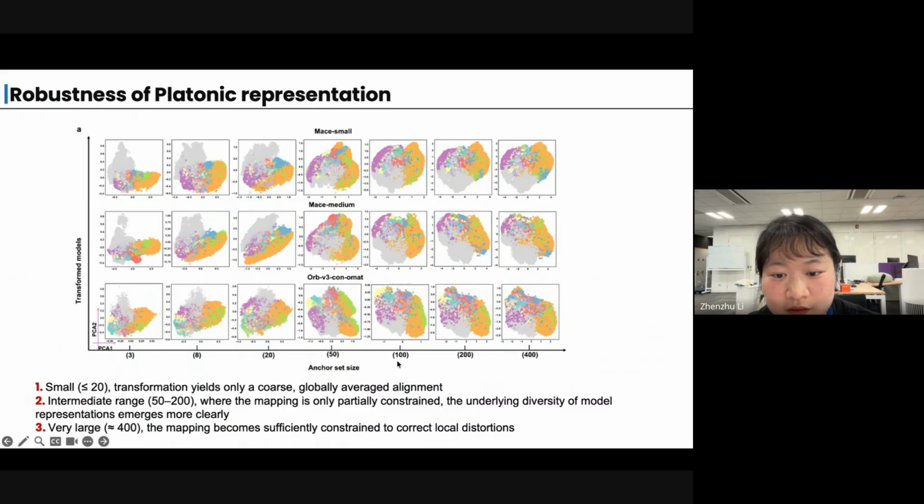We observe that from anchor equal 100 to 200 and 400, all the embeddings become stable and don't change a lot. So we think 100 might be the dimensionality that can capture the Platonic representation and unfold all the correlations between different embeddings.